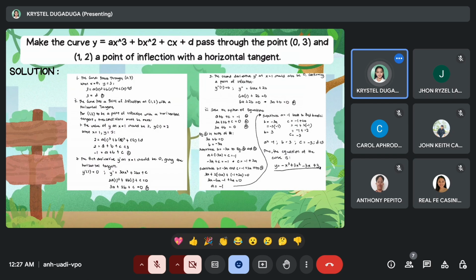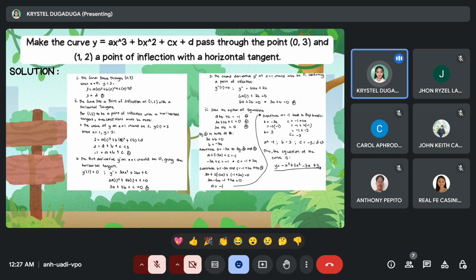So basically, just substitute again. So it results into 3a plus 2b plus c equals 0, and that is our equation number 3.